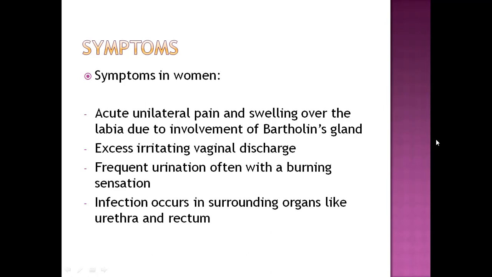That's why urine comes out with a burning sensation during gonorrhea. Next, infection occurs in surrounding organs like the urethra and rectum. Along with reproductive organs, infection can be seen in the urethra and rectum, which are the nearby organs of the vagina.